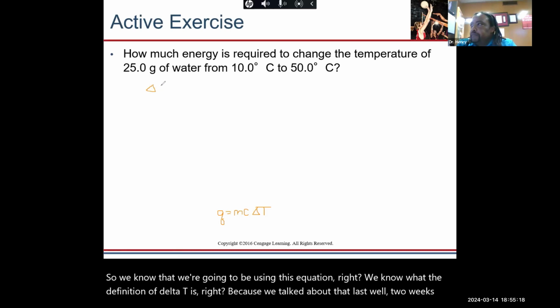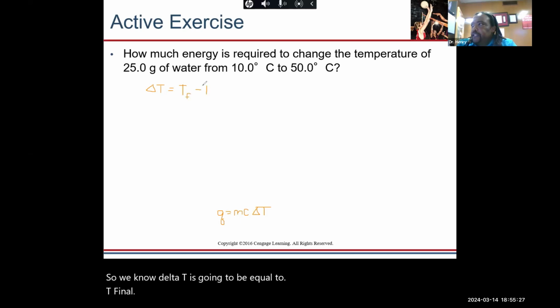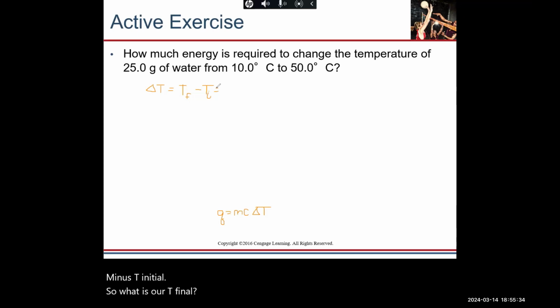So we know delta T is going to be equal to T final minus T initial. So what is our T final? The 50 degrees. Okay.